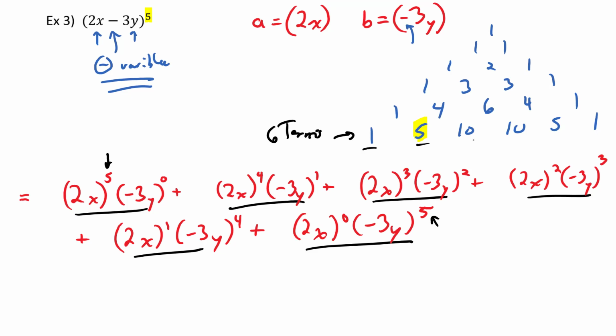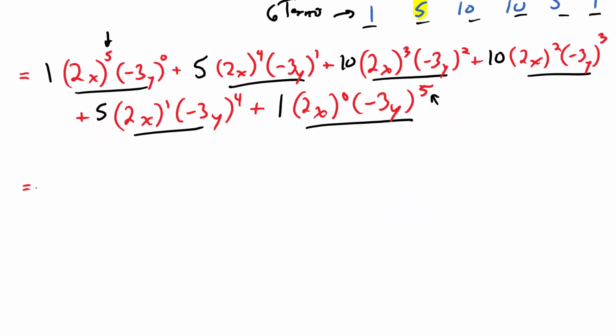Now let's put in our coefficients here. 1, 5, 10, 10, 5, and 1. All we have to do now is apply the exponents, multiply those values together within the same term, and simplify. Let's do that now.